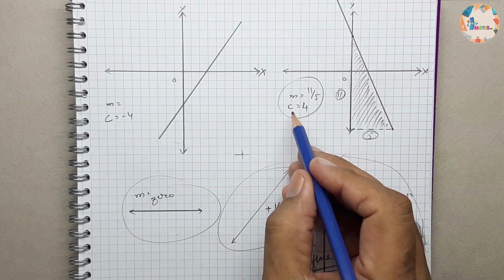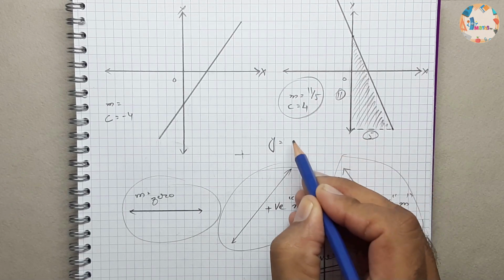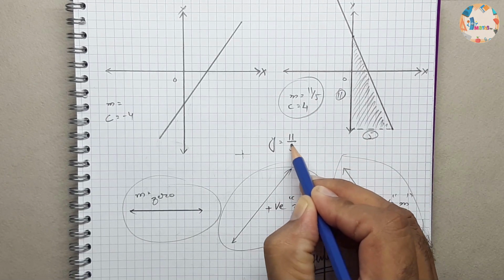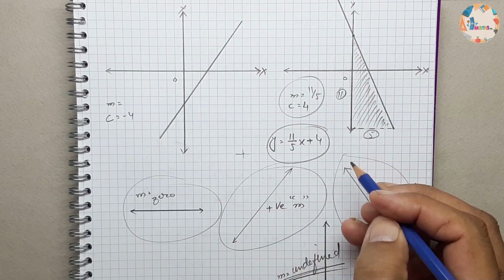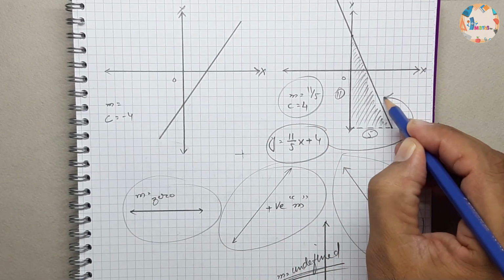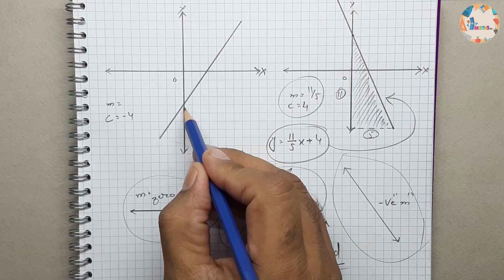Now we can write the equation: y is equal to 11 by 5 mx plus c. So this equation will be for this straight line, which we have written. Similarly, we can check the slope for this line as well.